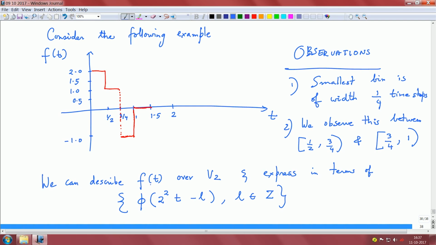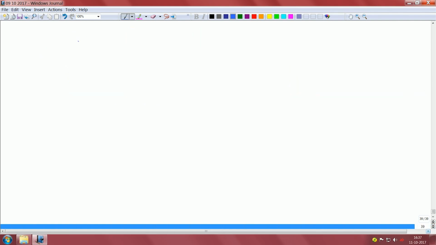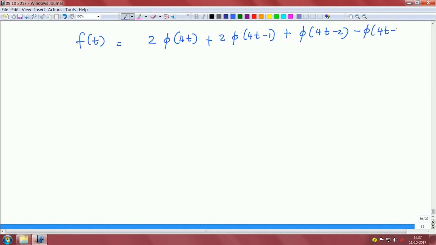That means I can expand f of t using this as my basis. Now, f of t can be written as 2 times phi of 4t plus 2 times phi of 4t minus 1 plus phi of 4t minus 2 minus phi of 4t minus 3. Directly, if you observe the waveform, you can express this using this relationship.